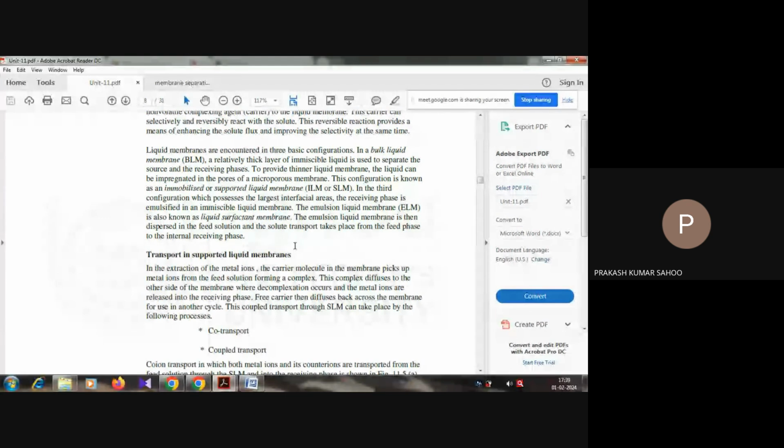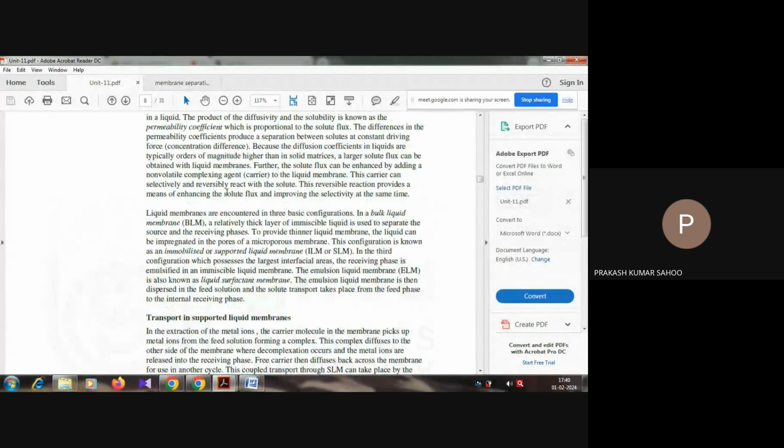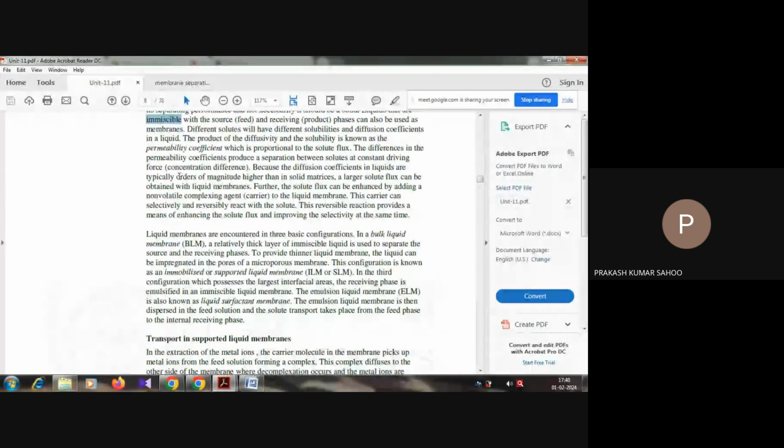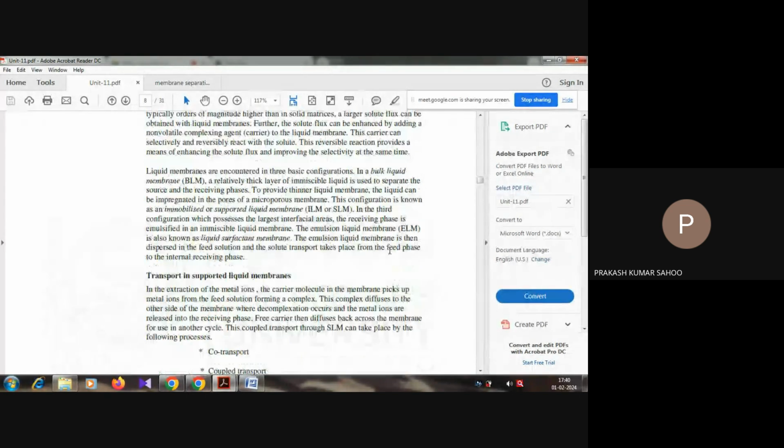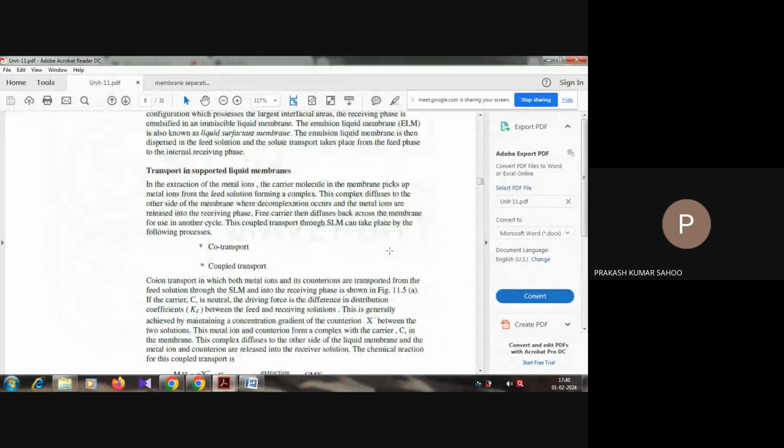So under liquid separation processes, we have different types of membranes on the basis of the type of liquid we want to separate. And just remember, for the liquid separation technique, the sample must be an immiscible liquid mixture, and the permeability coefficient defines which liquid will penetrate and which liquid will be at the other end.